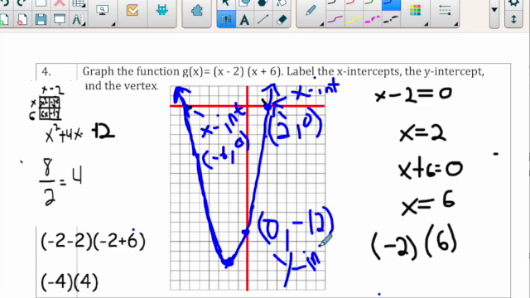And then we have our vertex. Trust me, it is not easy to write this all with a mouse.